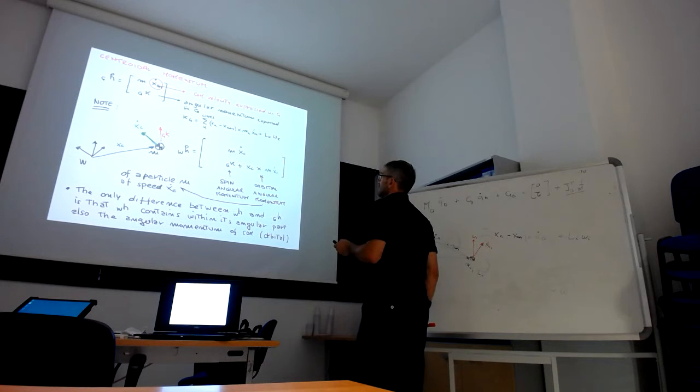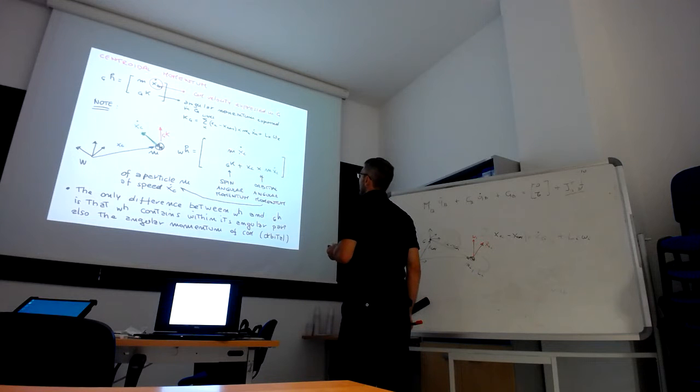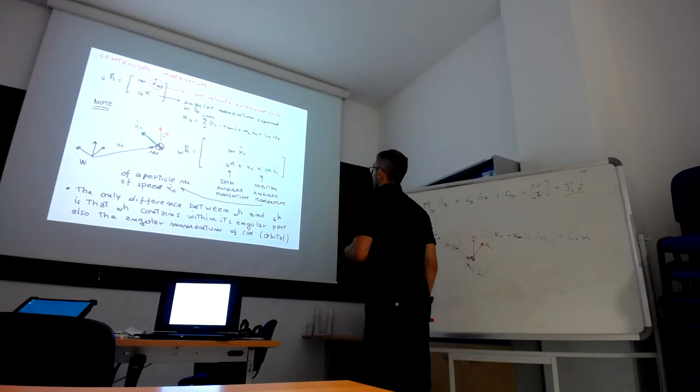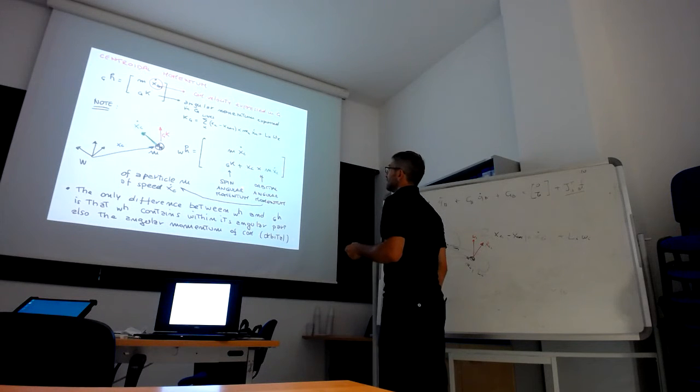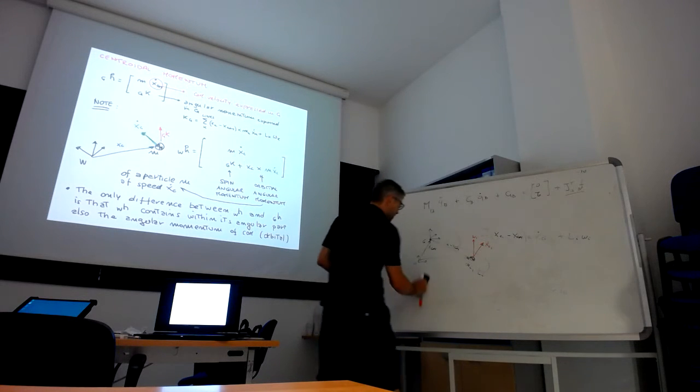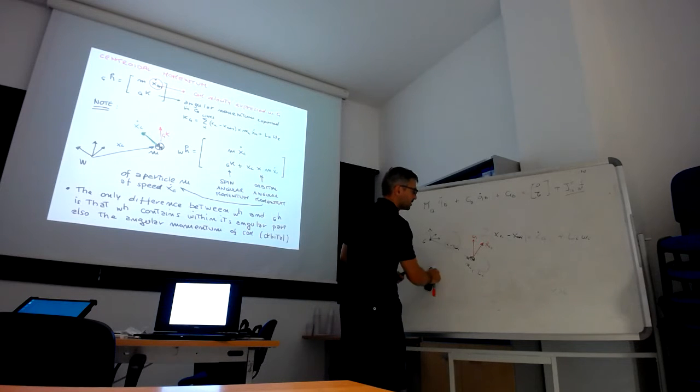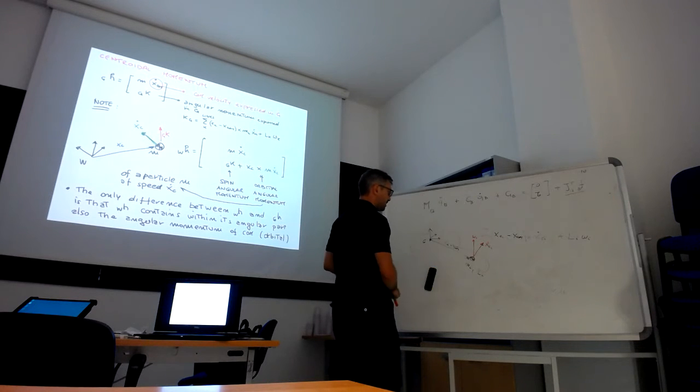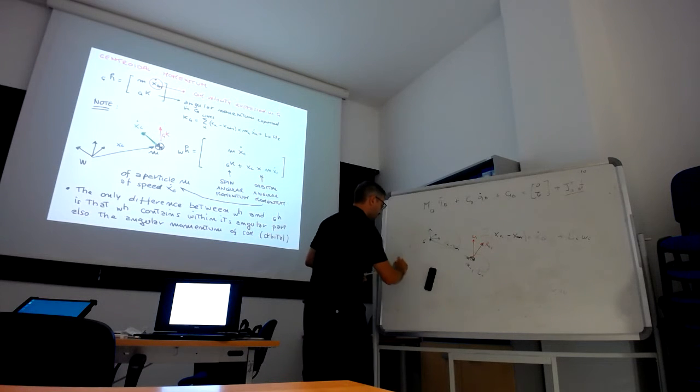So this is kg, and we have the position of the central mass times the linear momentum of the central mass, and we can refer everything to an external frame. So this here was referred to this frame, so it is referred to an external frame W.